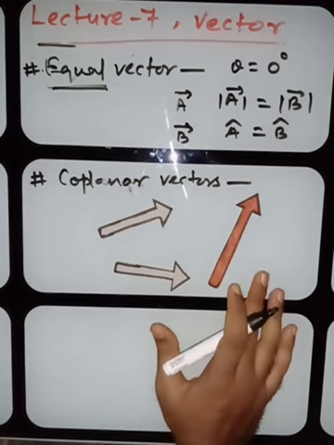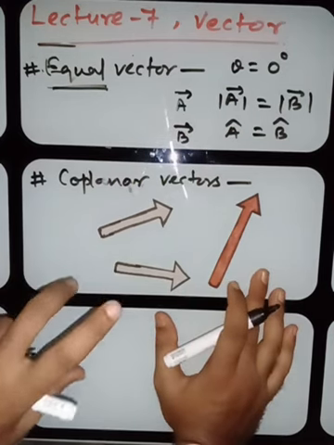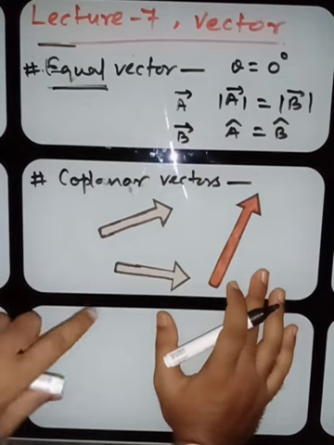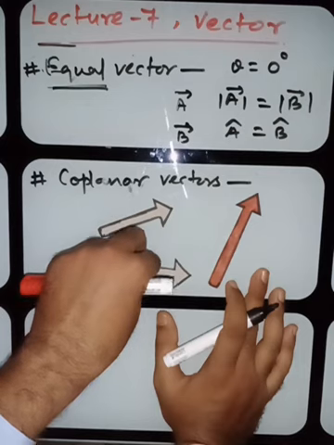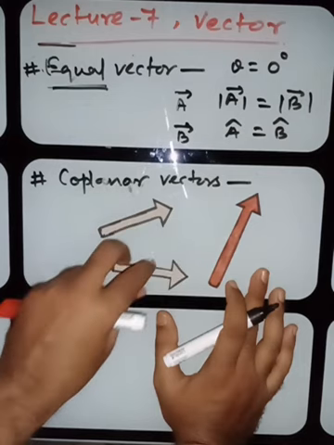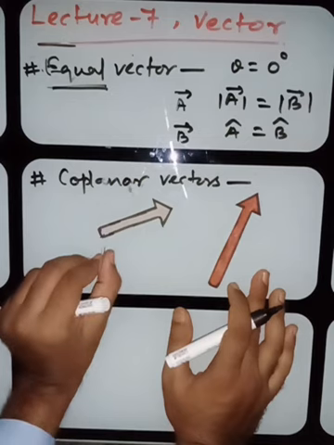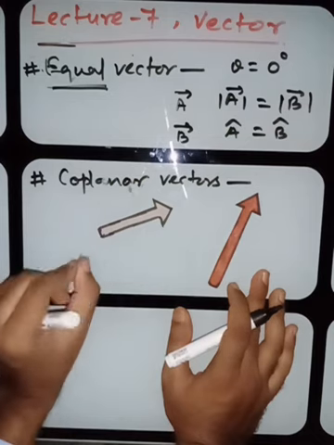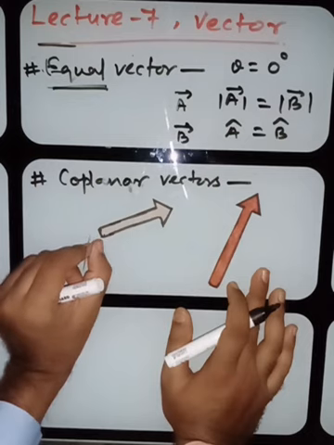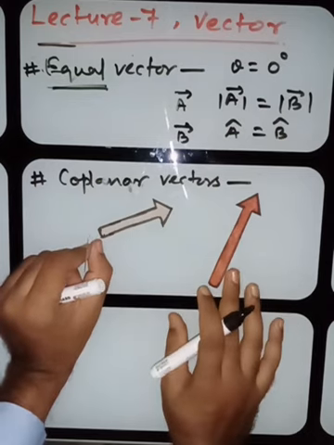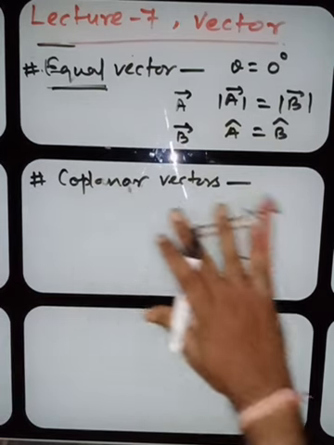So you will write: if the vectors lie on the same plane, then they are all considered coplanar vectors. Suppose I make a vector perpendicular to the other like this way, if vectors A, B and C, if I make A perpendicular to B, then it must be perpendicular to C also. So this is the property of coplanar vectors.